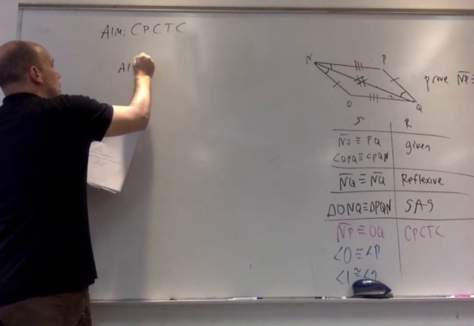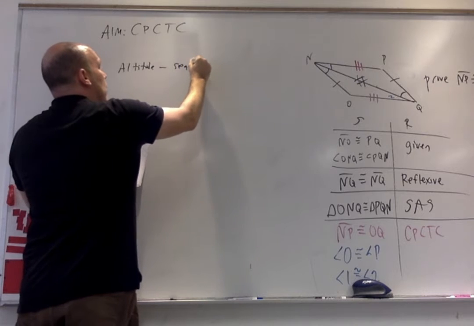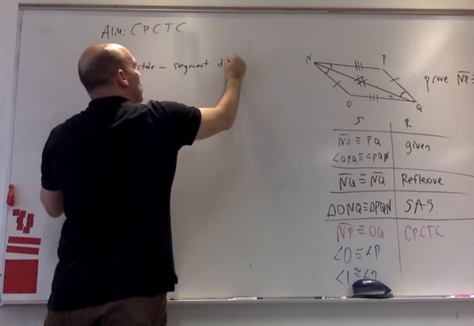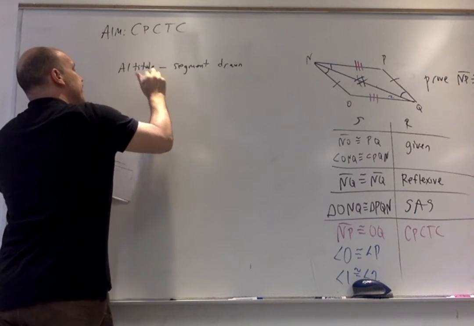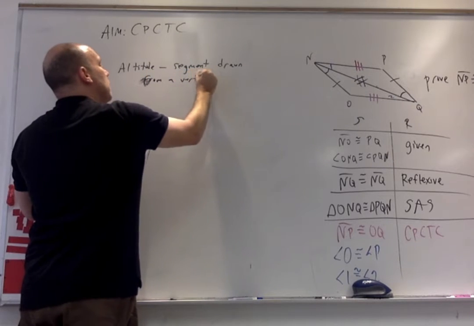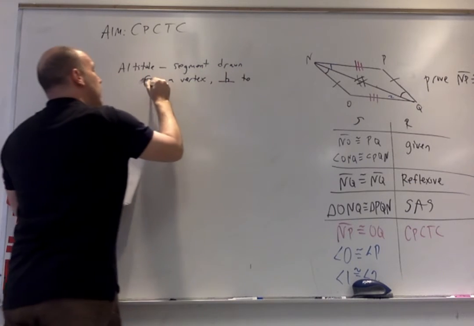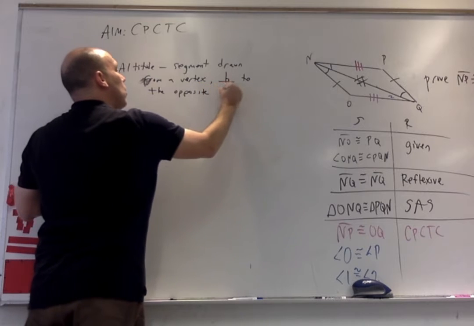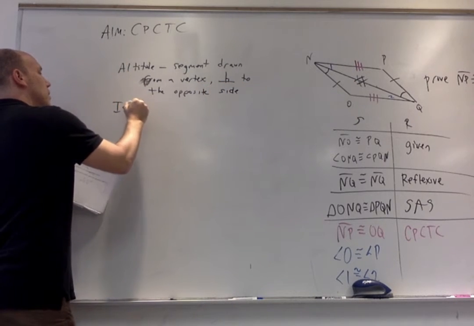Altitude. It's a segment drawn from a vertex perpendicular to the opposite side. What's another word? How about isosceles?